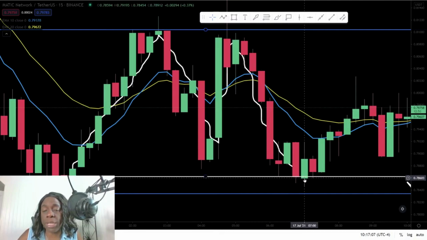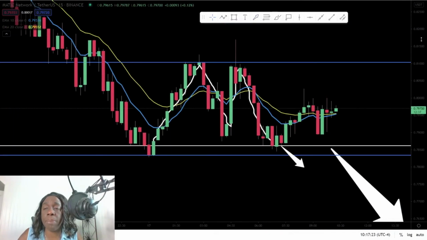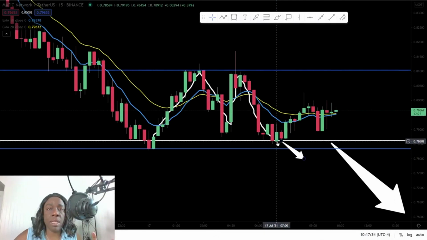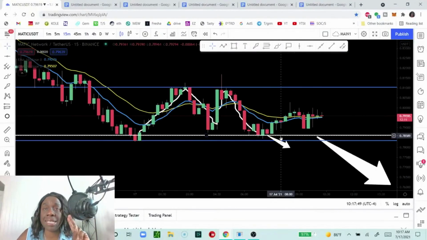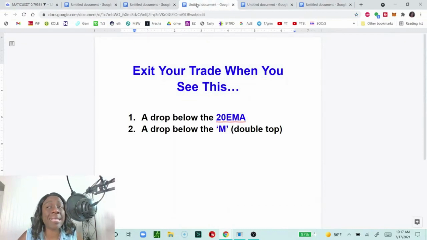At this point, if price action breaks below the M, it's time to exit your long position, and it could be a possible entry into a short position. Now, short positions are such that you make money as the price drops. So that's the second thing you want to be looking out for whenever you want to exit your trade.